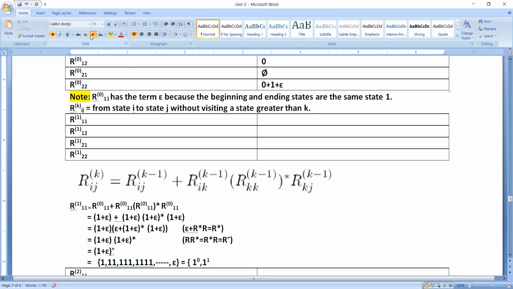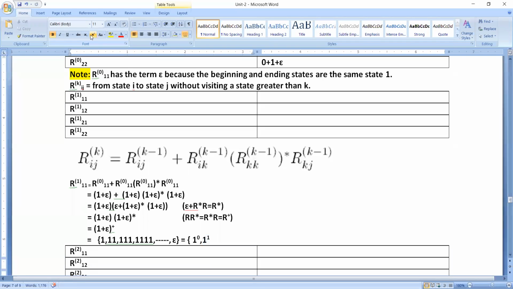1 square, 1 cube, and so on. Now please observe, the powers have started from where?